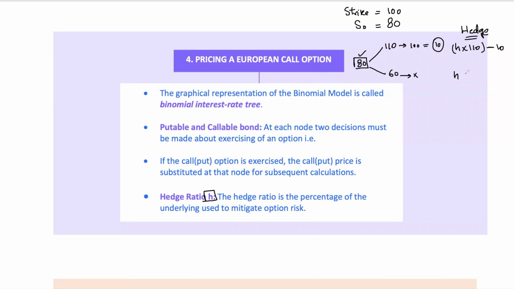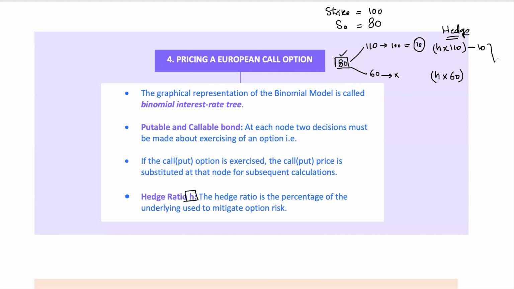If the stock drops to 60, the portfolio value will simply be H multiplied by 60, since the option expires worthless. To make sure our hedge is perfect, these two values should be equal.